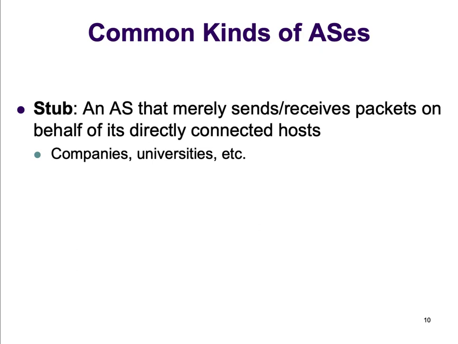So it's not in the business of carrying traffic between other ASs. It only exists to carry traffic to and from its directly attached hosts. So UC Berkeley is a stub AS. Typically, you'll find that enterprises, businesses, people that are not in the business of providing network connectivity, that's not why they exist, tend to be stub ASs.